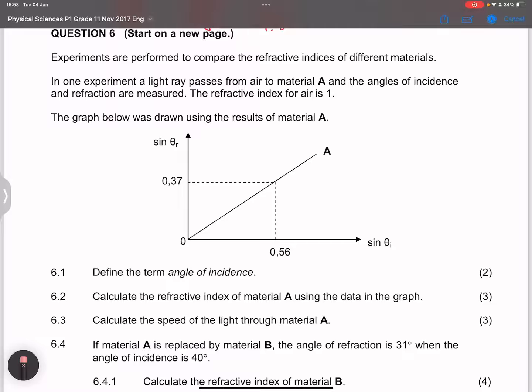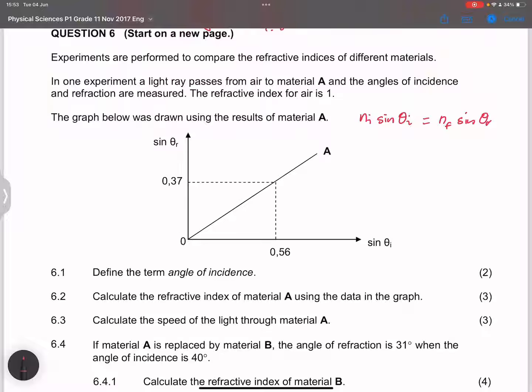All right, so that's the first option. So we can say that from Snell's law, the refractive index multiplied by the sine of the incident ray is equal to the final refractive index multiplied by the sine of the refracted ray.